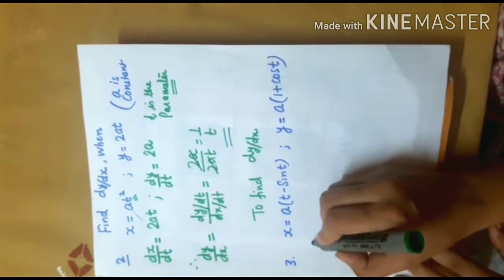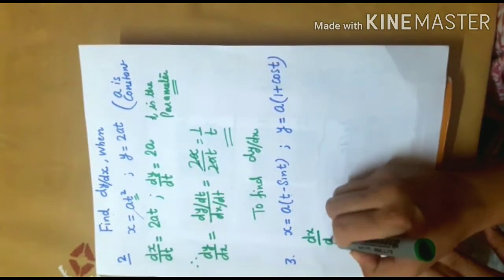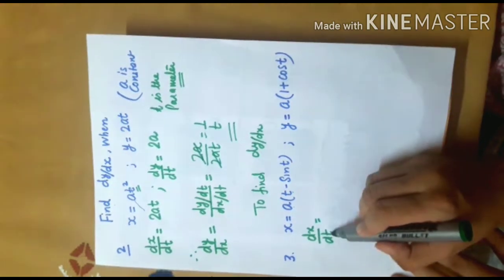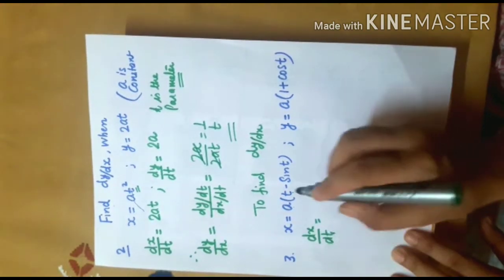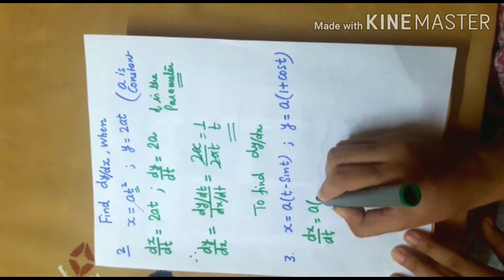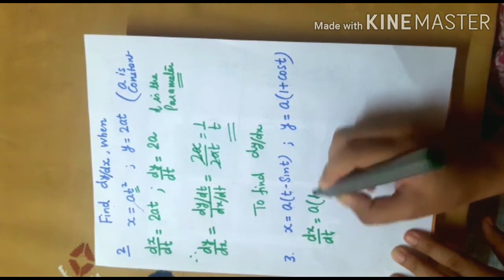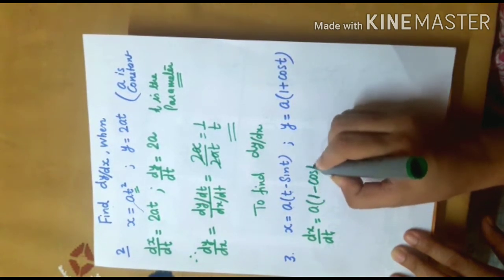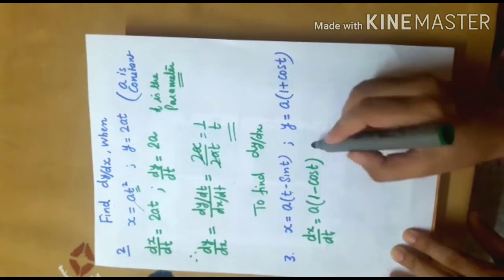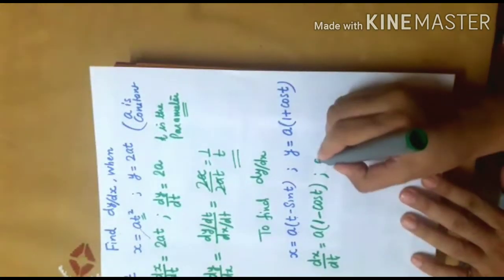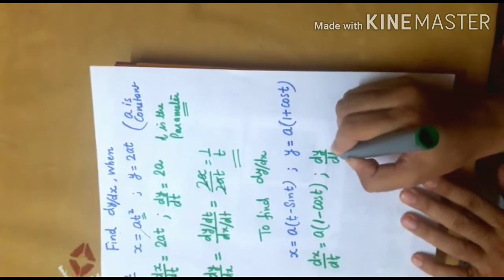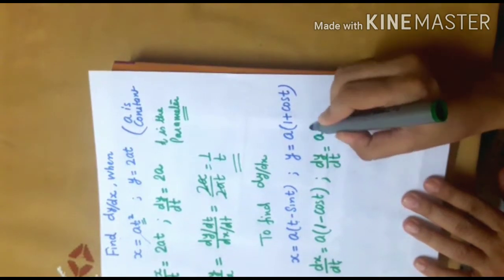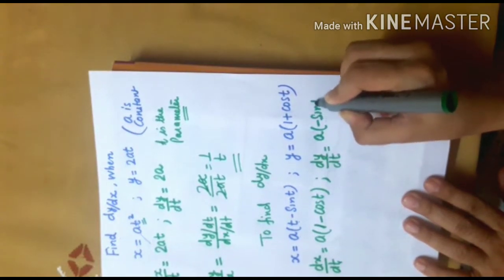So I'll differentiate x with respect to the parameter, that is with respect to t. So dx by dt will be a, derivative of t will be 1 and derivative of sin t is cos t. So I'll get a(1 minus cos t). Similarly, derivative of y with respect to t will be a(minus sin t).